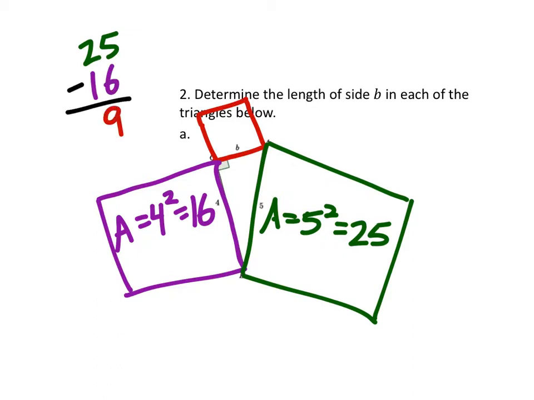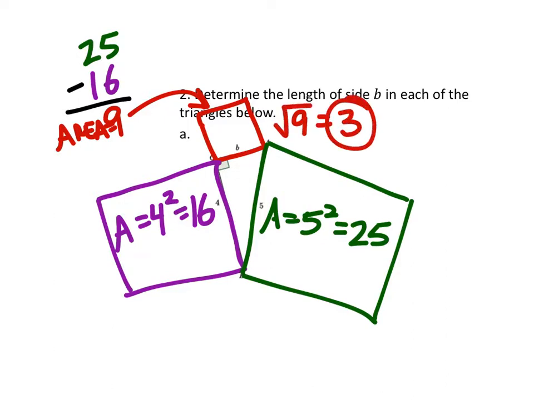Now when I do that, it gives me the area of the red square, but I don't want the area, I want the side length. So to get that side length, I just take the area and square root it, and that would be 3.